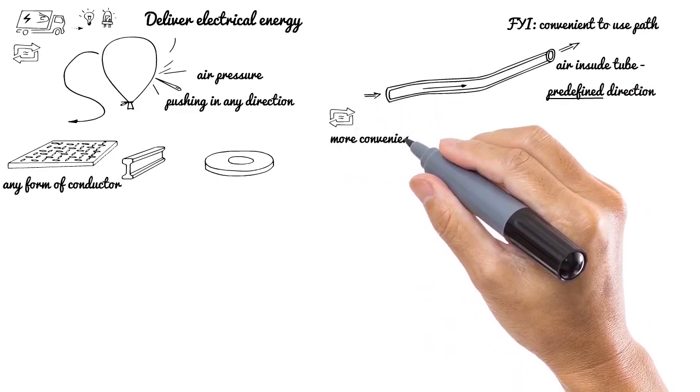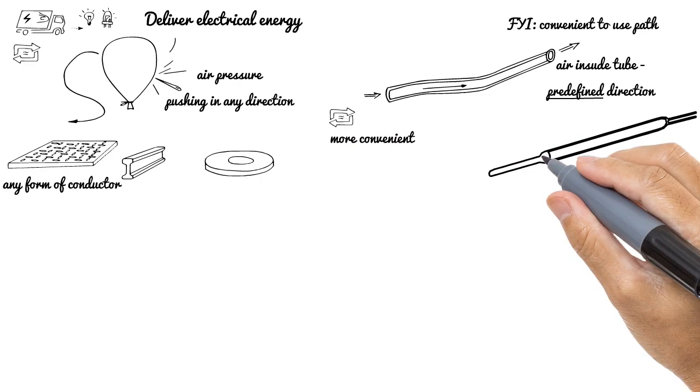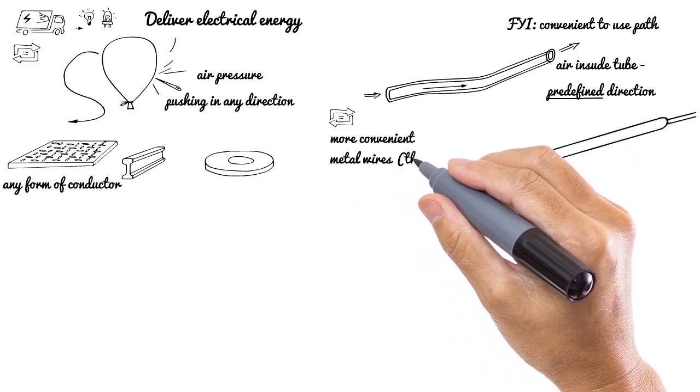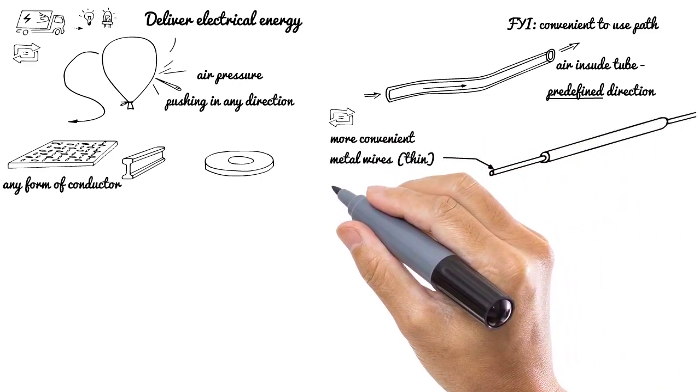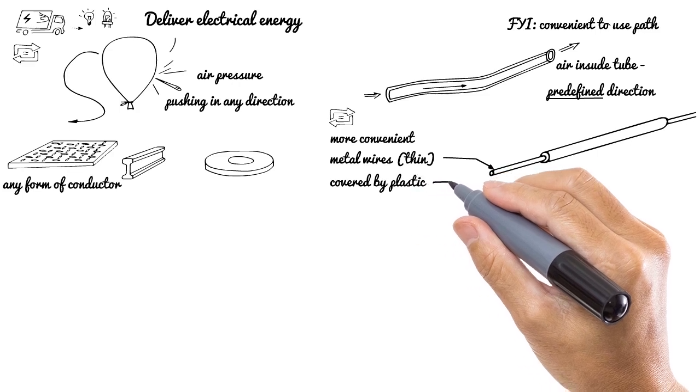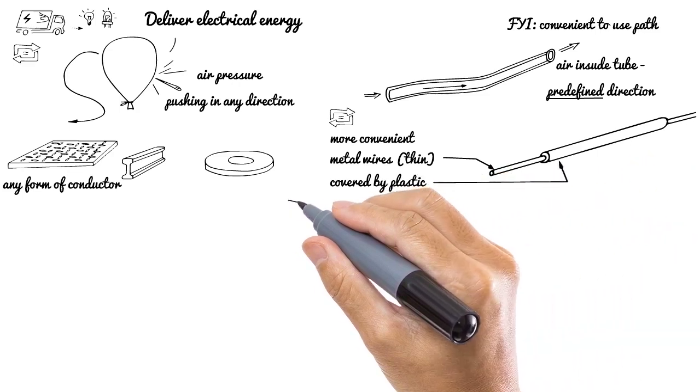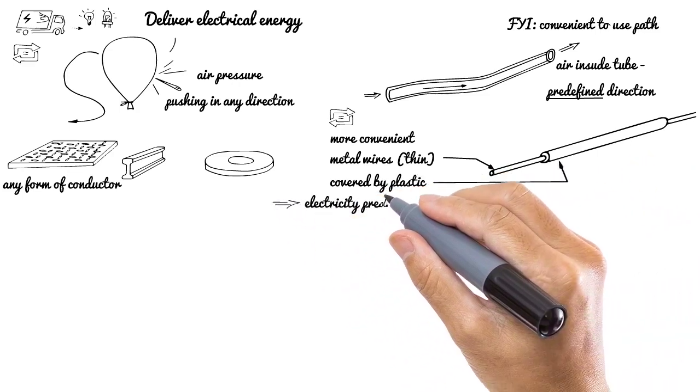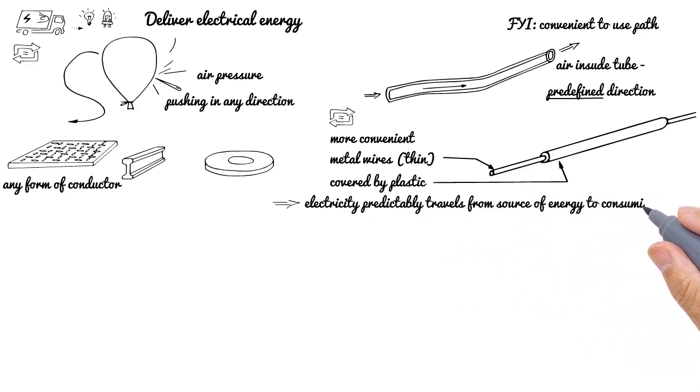Same way with electricity. It's more convenient to use metal wires, which are conductors, thin enough in diameter, and covered by plastic materials, which are insulators. That's how we can predictably control where electricity can travel and be delivered from an electrical energy source to consuming devices like bulbs, LEDs, and so on.